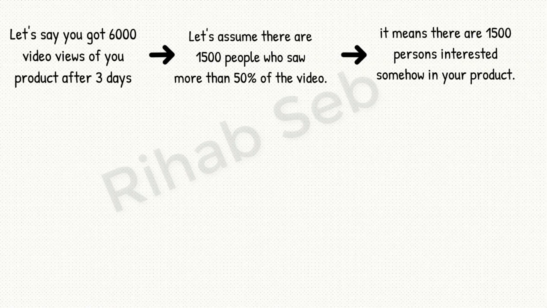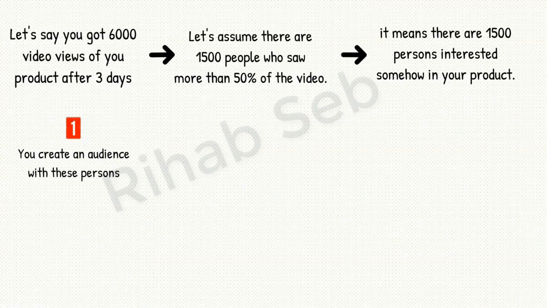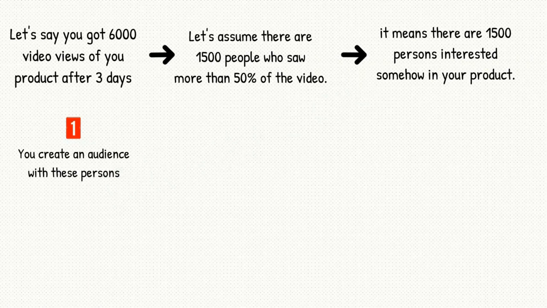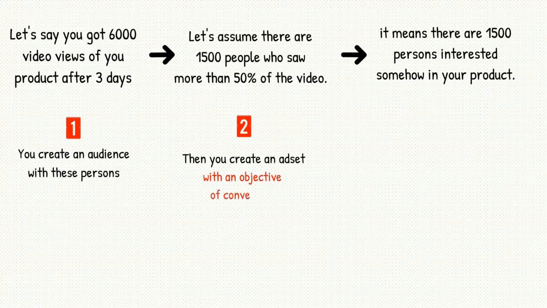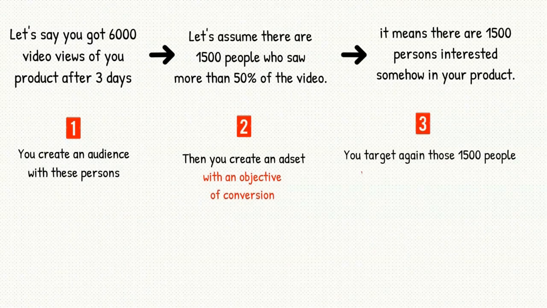You create an audience out of these 1,500 persons. I will show you later how to create an audience out of people who watched a certain percentage of your video. Then you create an ad set, and this time you choose conversion as the objective.